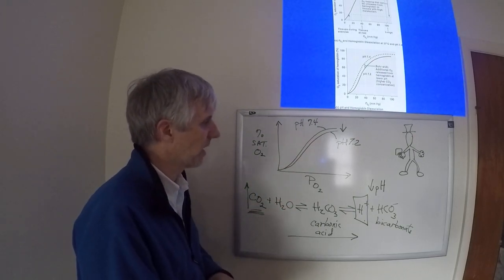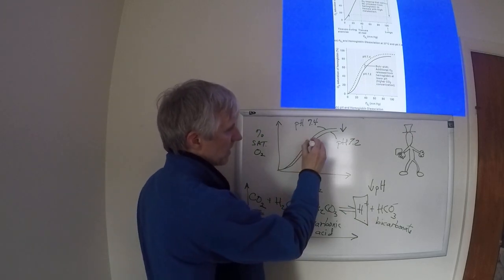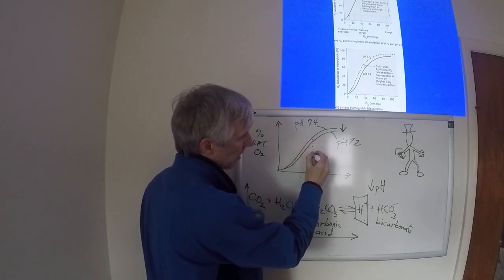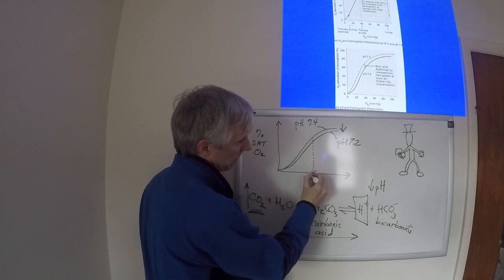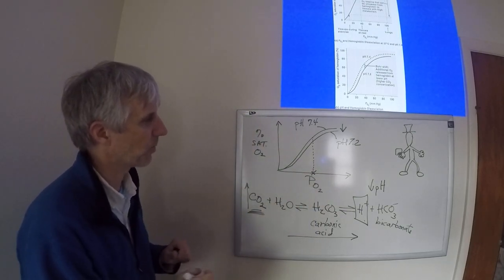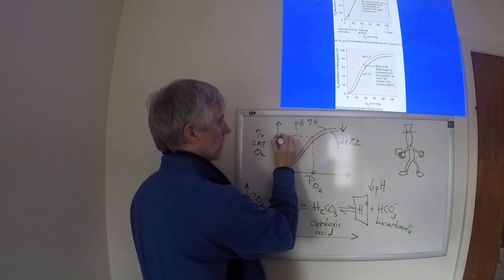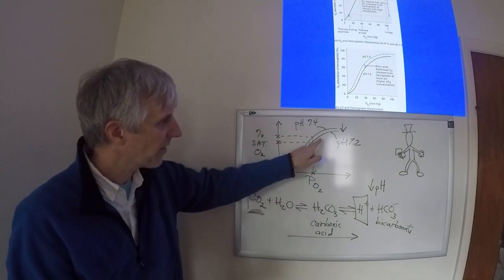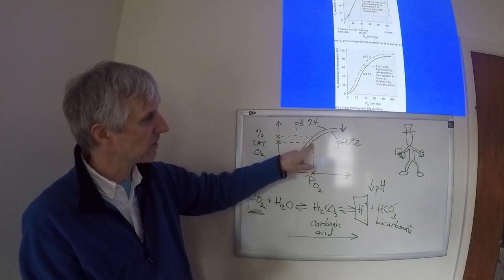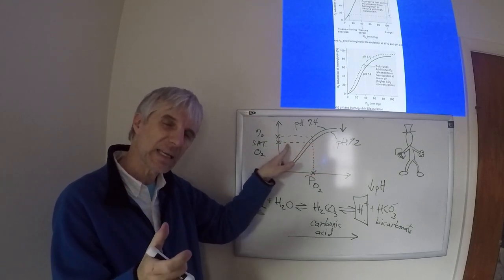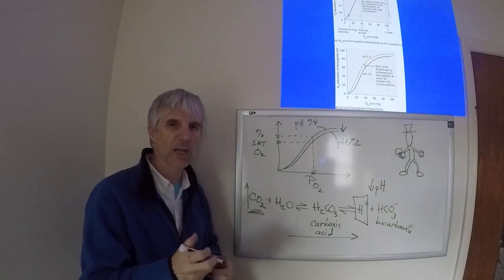The change in the binding affinity is reflected in the change of the function of this oxygen hemoglobin dissociation curve. What this is saying is that at particular partial pressures of oxygen, for example, this partial pressure, with decreases in pH, you get decreased binding affinity of hemoglobin for oxygen.